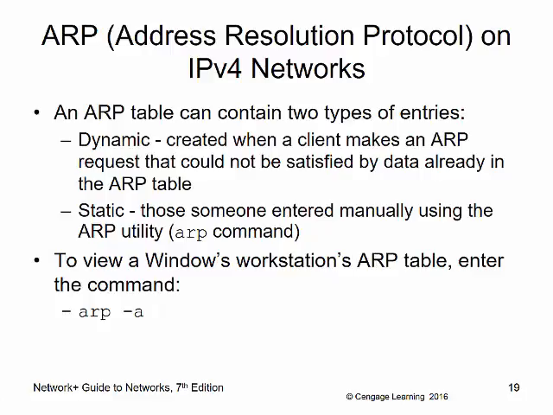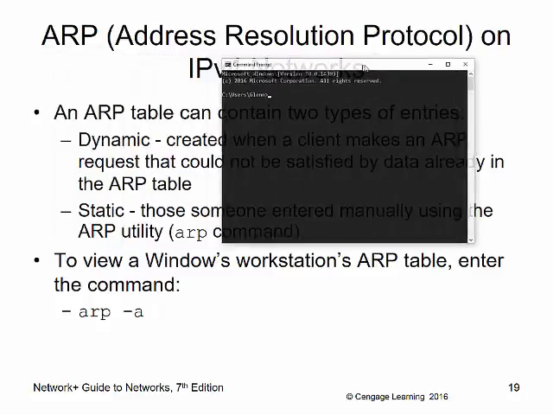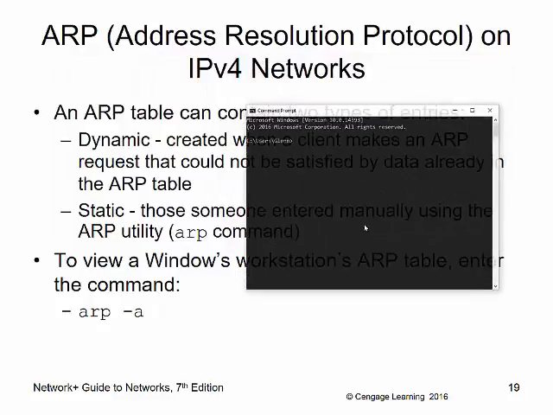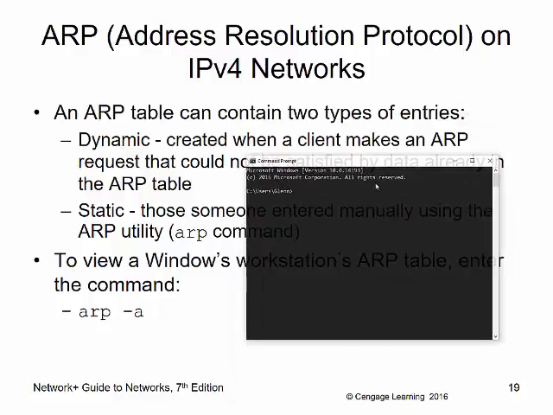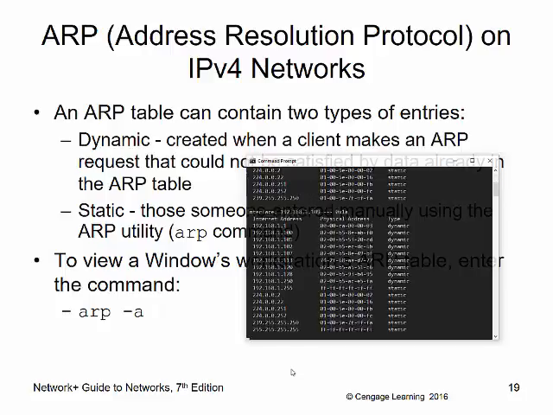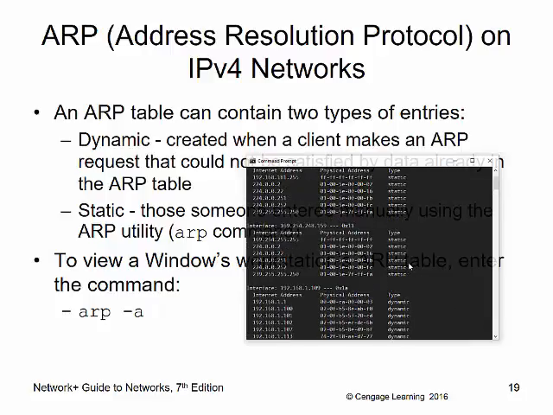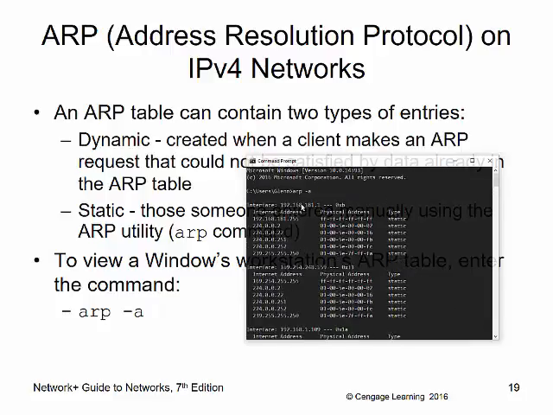You can look at your ARP table, totally. As a matter of fact, let's do that. I'm going to open a command window right here. You can see my Windows 10 terminal here, and it has a little bit of see-through effect, but you should be able to see it. And if I issue the arp -a command, this will go through and display my laptop's ARP table entries.